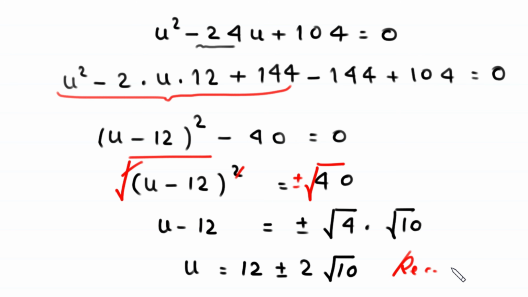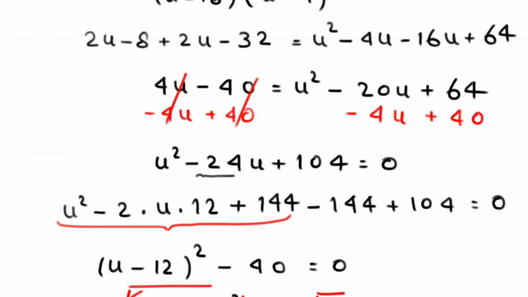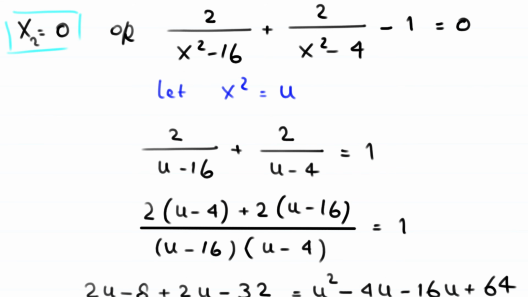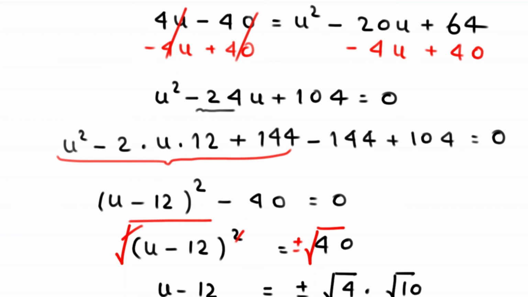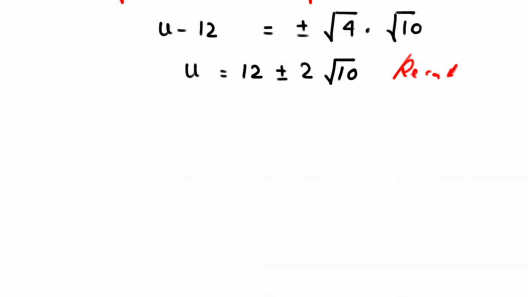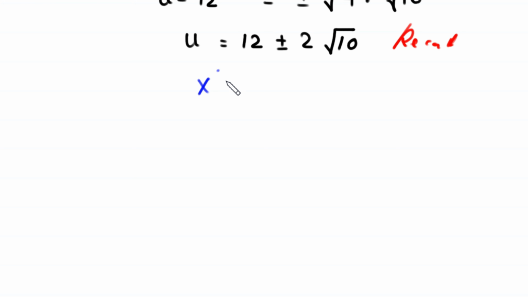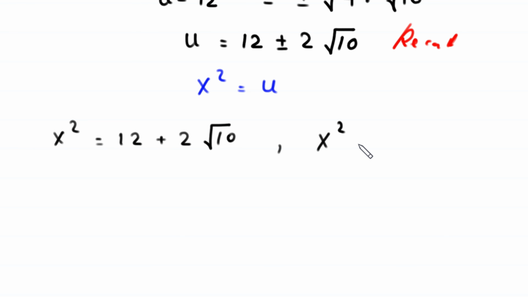Now recall that we have supposed x squared equal to u. It means that x squared will be equal to 12 plus 2 times root 10, and x squared will be equal to 12 minus 2 times root 10.